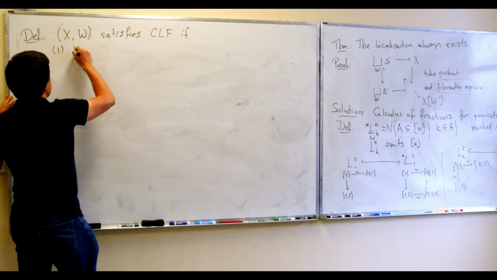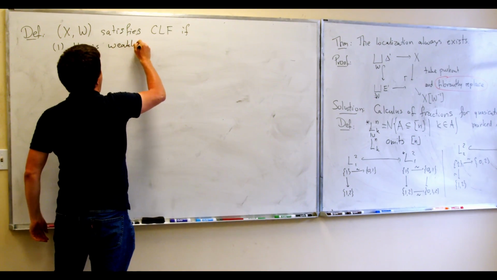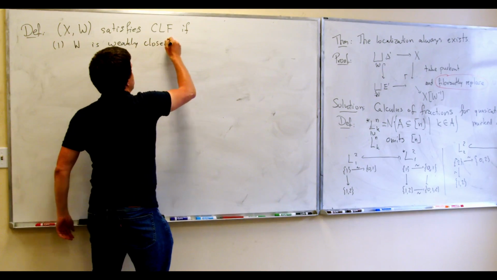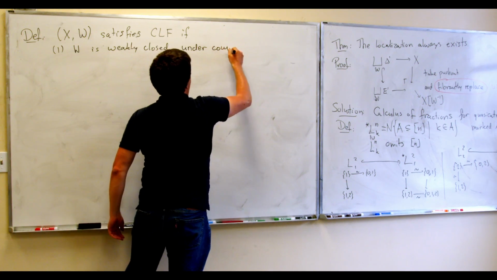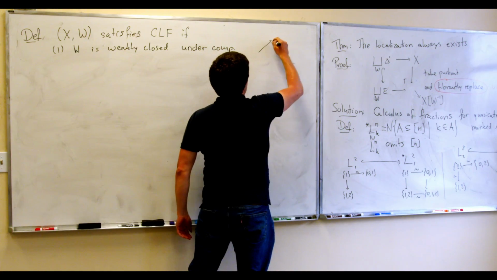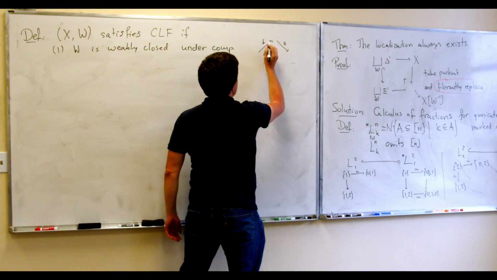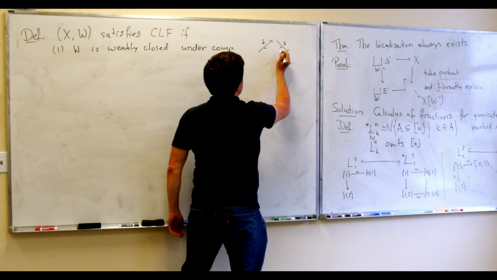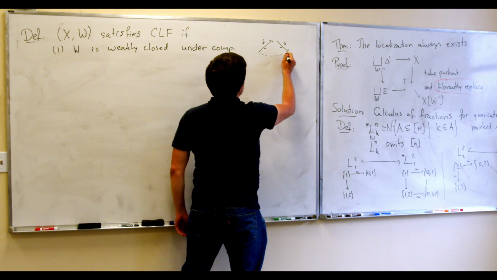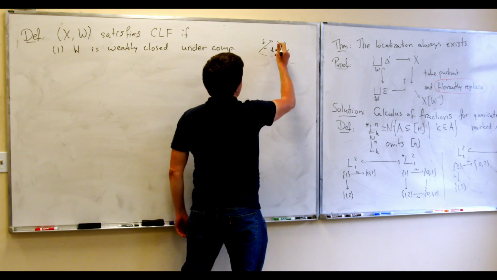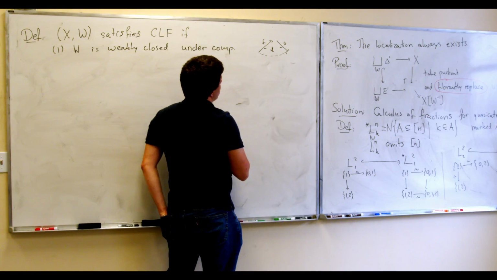So the first thing I'm going to require is that W is weakly closed under composition. And I'll explain what that means. So whenever I have two 1-simplices, f, g, composable, that are in W, well, I know that there will always exist some 2-simplex that witnesses that, or gives me the composite.